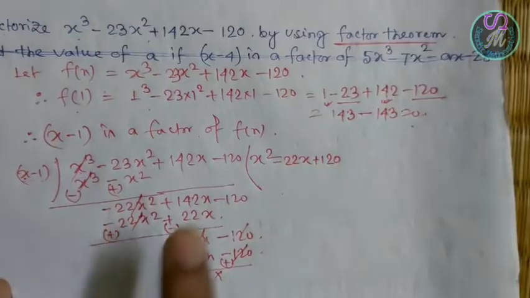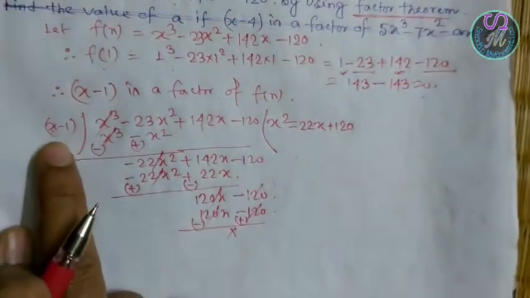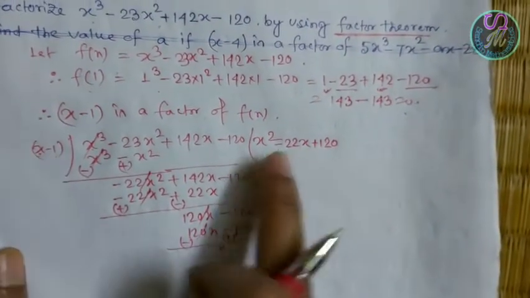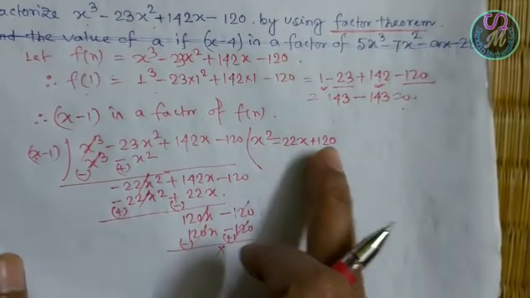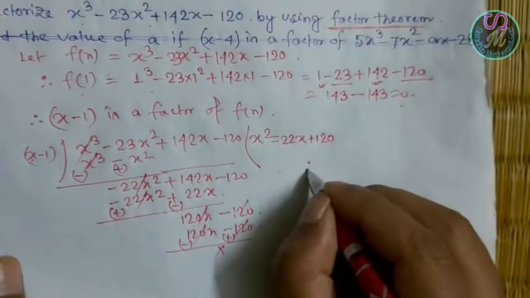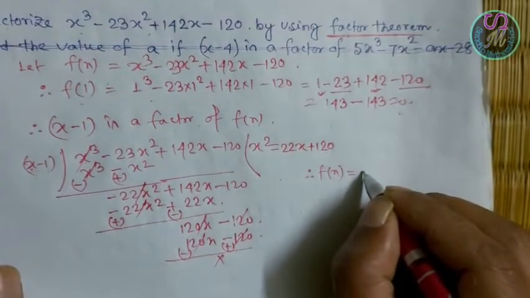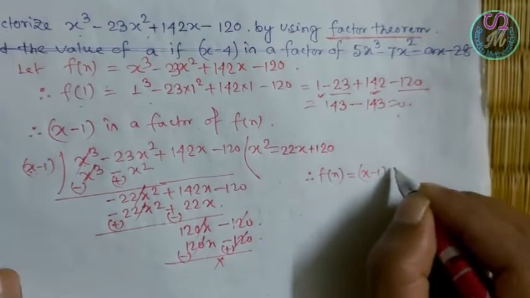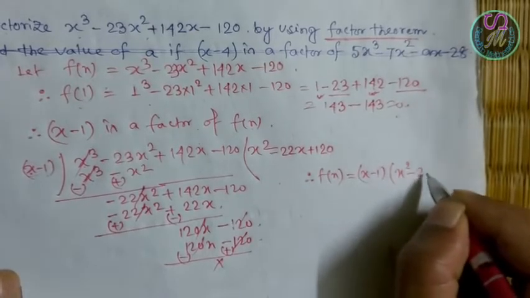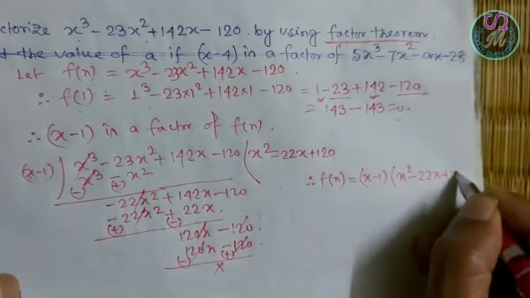That means this polynomial can be represented as x minus 1 into x square minus 22x plus 120. So f(x) can be represented as x minus 1 into x square minus 22x plus 120.